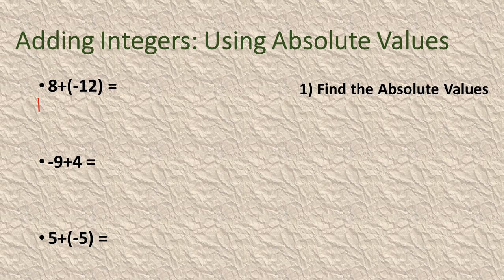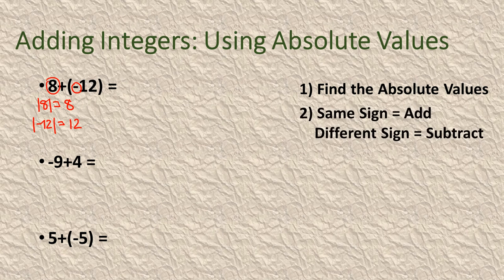So the absolute value of 8 is 8. The absolute value of negative 12 is a positive 12, because the distance is 12 units. Now if we have a different sign, this one's positive, this one's negative, if we have different signs, we are going to subtract them.